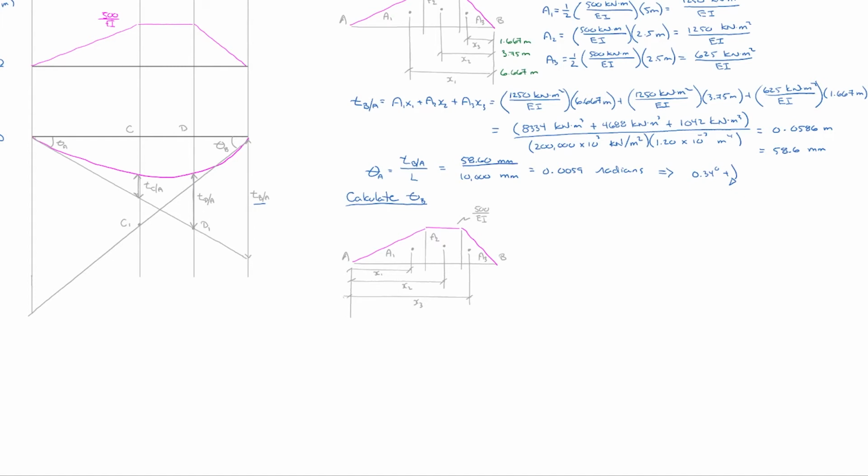So let's get down the distances, x1, x2, x3. We already have the areas, A1, A2, A3. I won't recalculate those. I'll just go ahead and use them. So let's get those distances. x1 would be equal to 2/3 of the 5 meters along the base of that triangle.